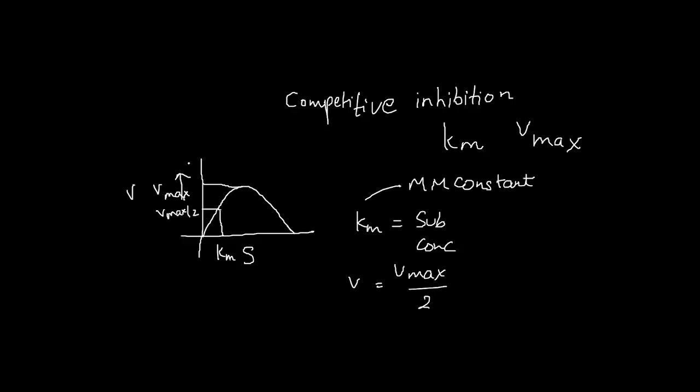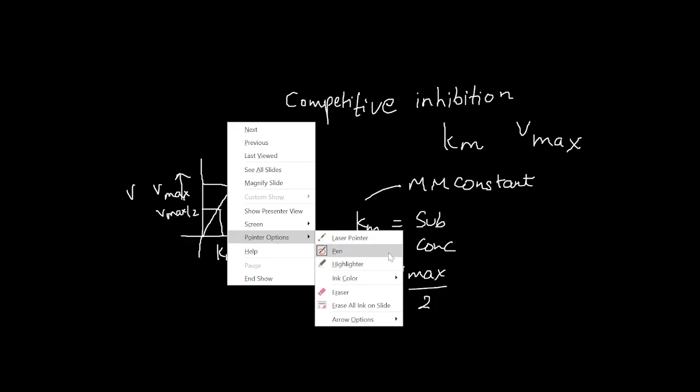Okay, so in the presence of competitive inhibition, what happens? Suppose this is your enzyme, this is your substrate, and this is your inhibitor. Both are competing for the same site, which is the active site.